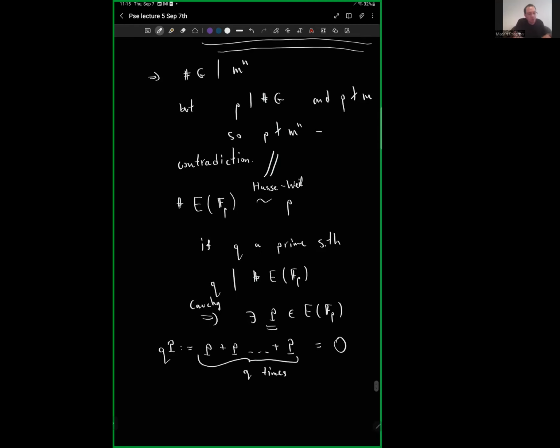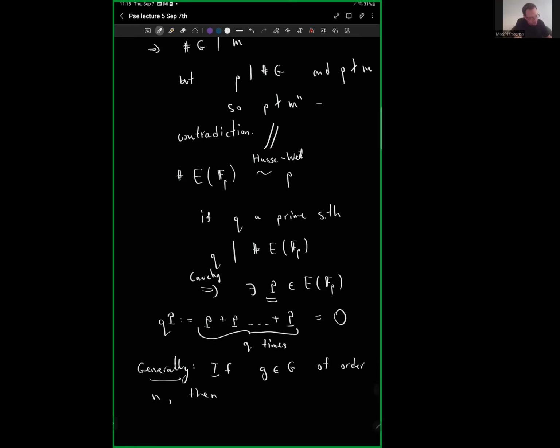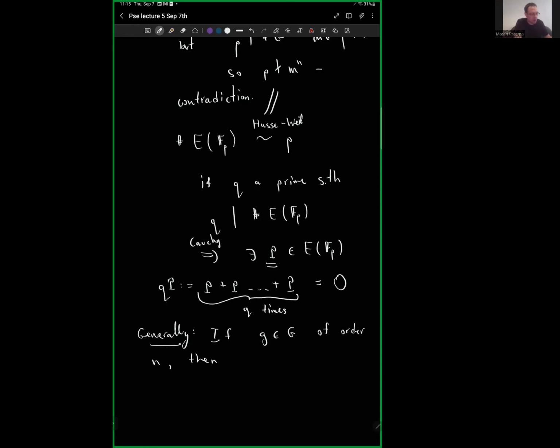And generally speaking, if g is an element in G of order n, then I can consider, let's call it H, to be the set of all non-negative powers of g.